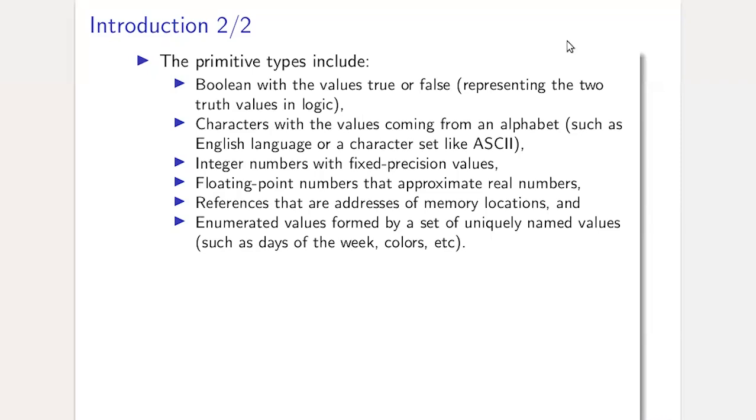If we are able to enumerate values, then we can create a data type. For example, we can create a data type called days of the week and label it as Sunday, Monday, Tuesday, like that, the 7 days. So similar to the months of a year, January to December. But we will have to enumerate every value.